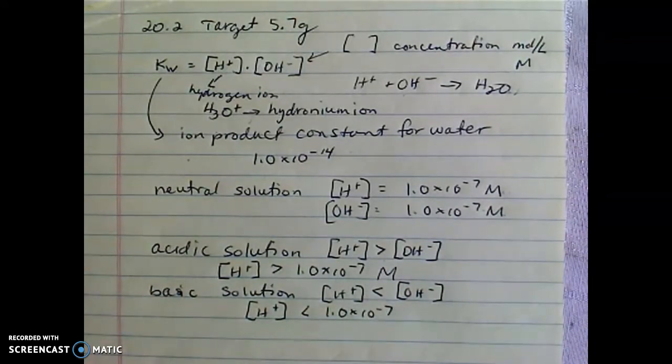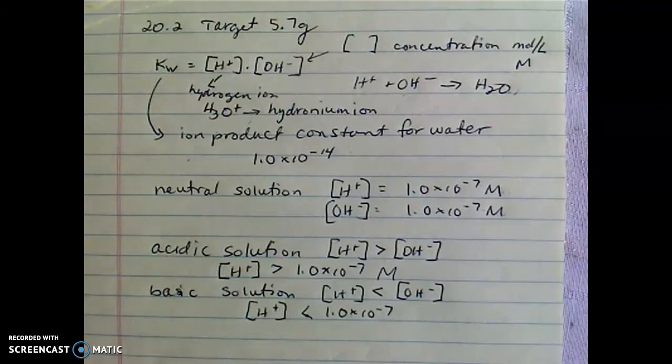So that would be something like 1.0 times 10 to the negative 8, or 1.0 times 10 to the negative 11. These are things that are less than that. Now this equation can come in handy later. Like if we know the pH of the solution, but they ask us for the concentration of hydroxide ions, we can come back and use this equation.